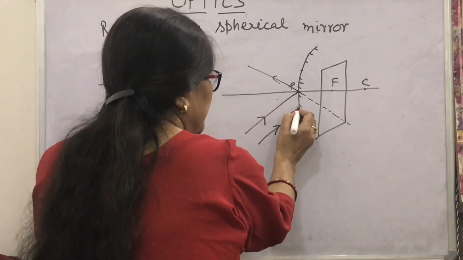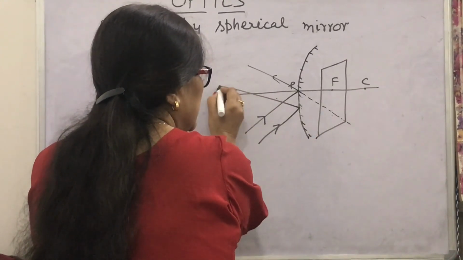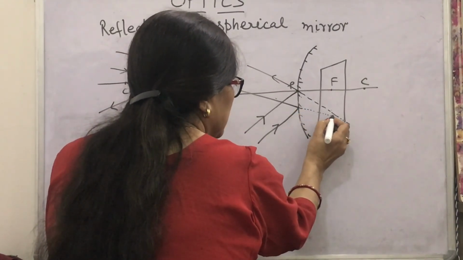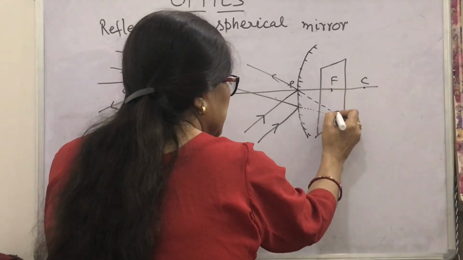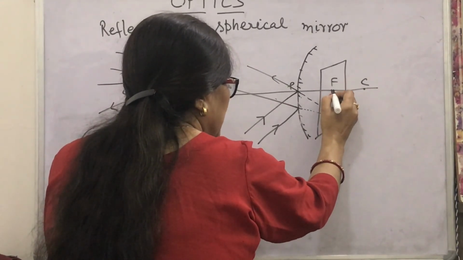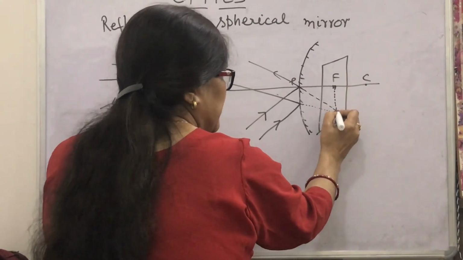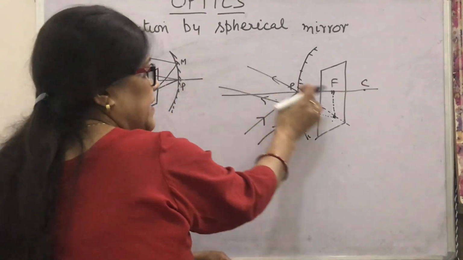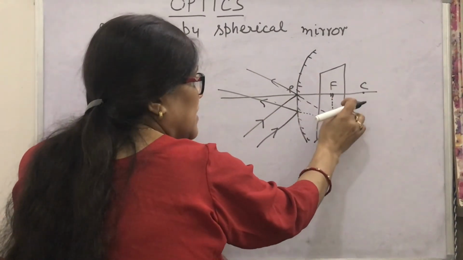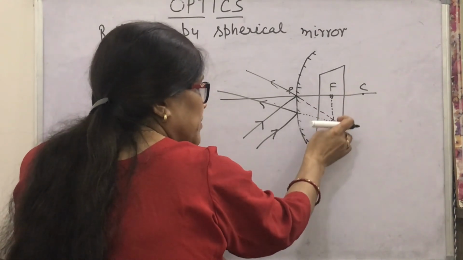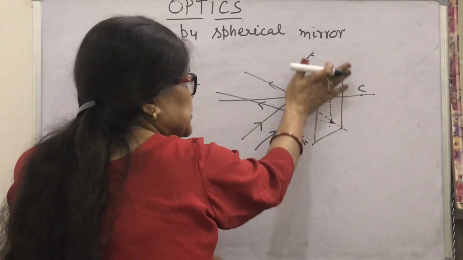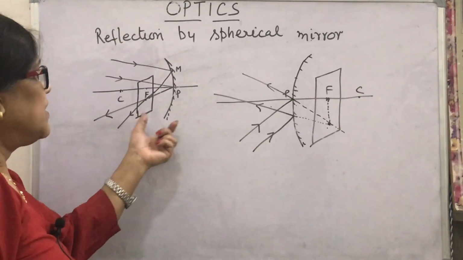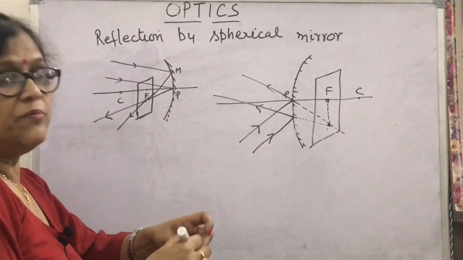It will be reflected in such a way that on extending back it will pass through the point, this meeting point just below the focus. So this will be the reflected ray. These two reflected rays appear to meet at a point which is normally below the point F in a plane which is perpendicular to the principal axis. This plane is called focal plane. So in this way we have seen the meaning of focal plane.